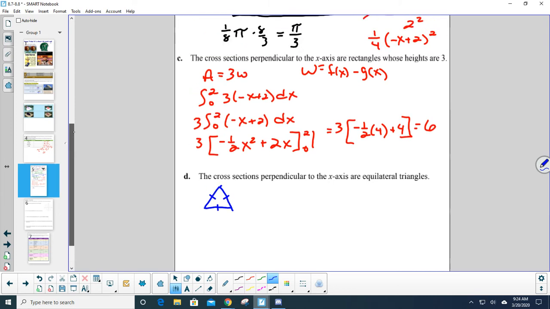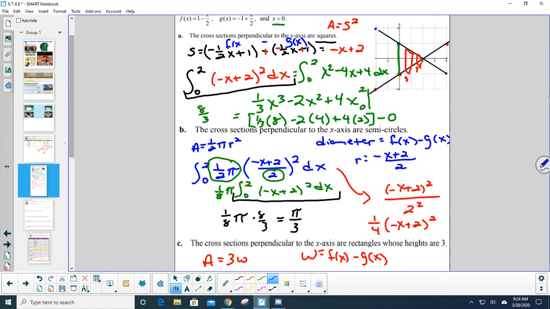So if we're looking at our graph up here, I'm going to get rid of these rectangles this time, and we're going to have triangles coming out. The pointy end of the triangles is coming out at us. So here is our side, and then we're going to have triangles coming out of the screen this way, like that point is coming out at you. And all of these triangles are going to get filled up in here.